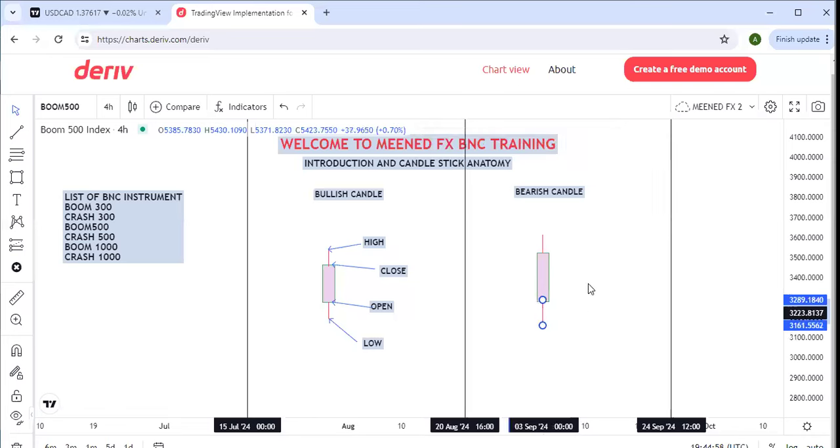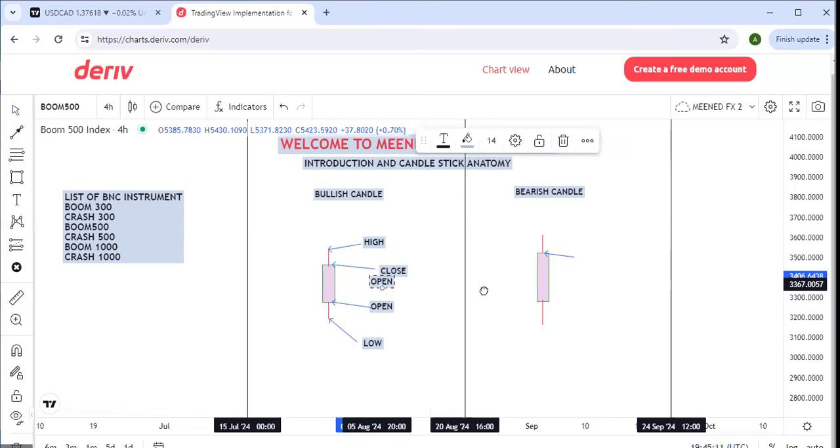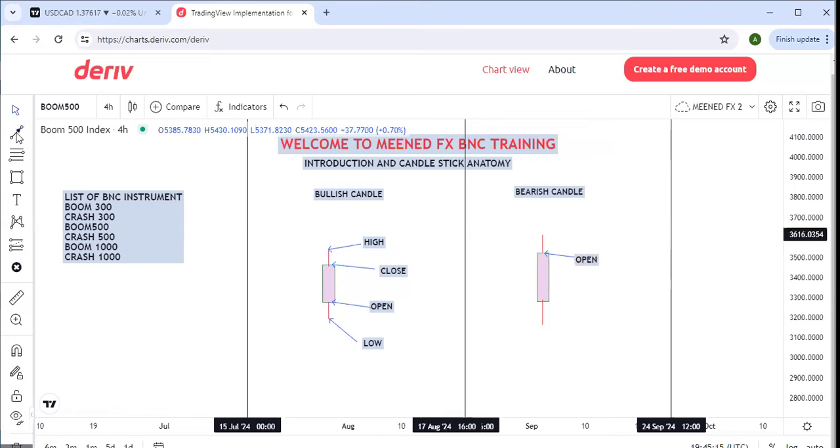So we have the same illustration, which is now the candle opens here. That's the open of the candle. Now we have the close of the candle below, somewhere around here.